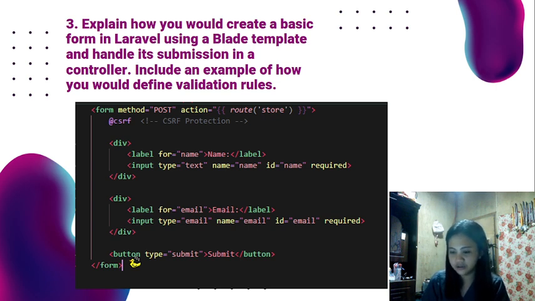And the action route, this one, specifies the route that will handle the form submission. And then here is the @csrf, which includes a CSRF token for security, preventing cross-site request forgery attacks.